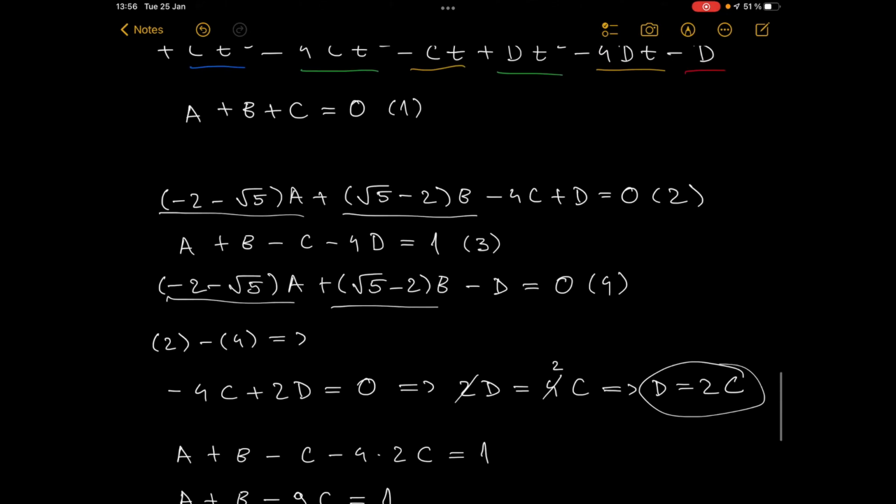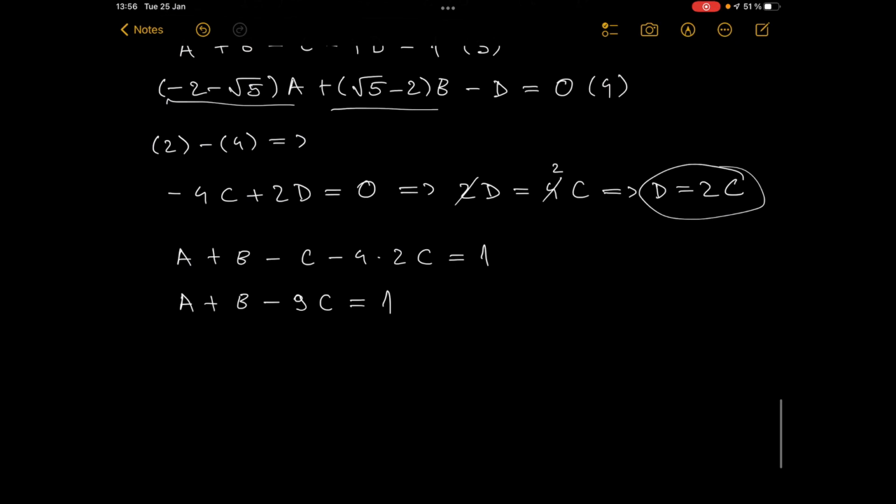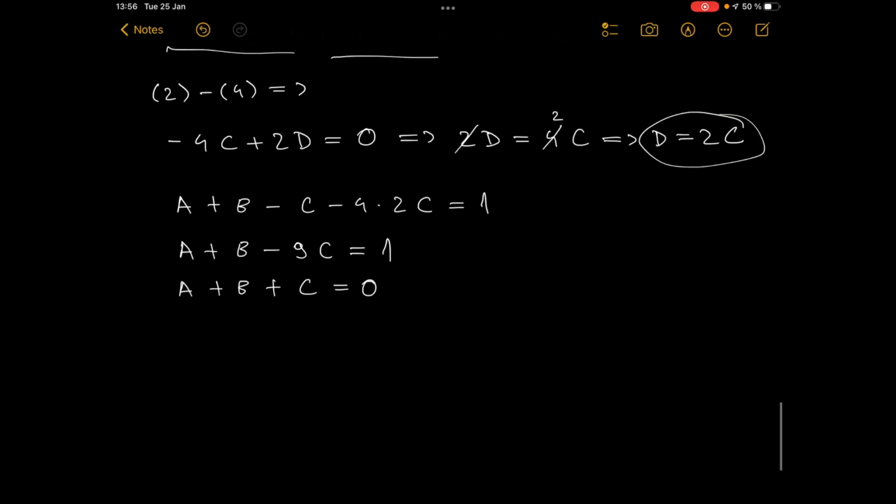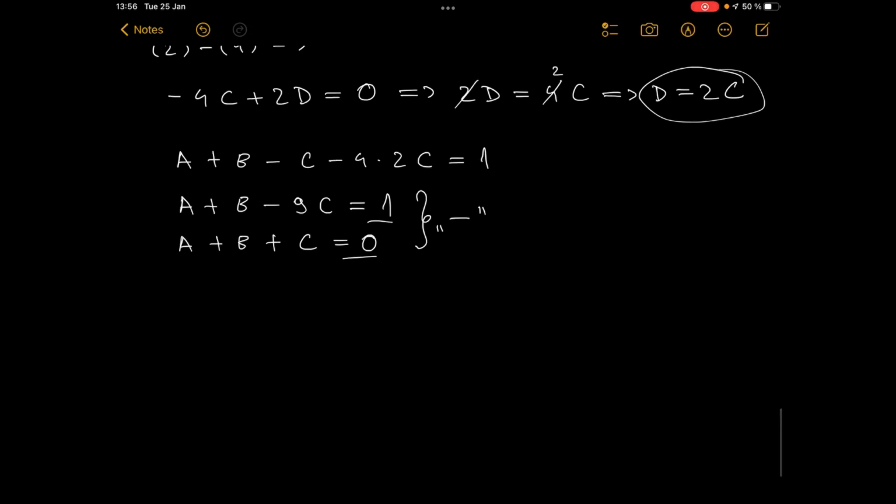Now I'm going to rewrite our first equation. A plus b plus c is equal to 0. And I'm going to subtract the second equation, this one, from this one. And these terms will, of course, cancel out.